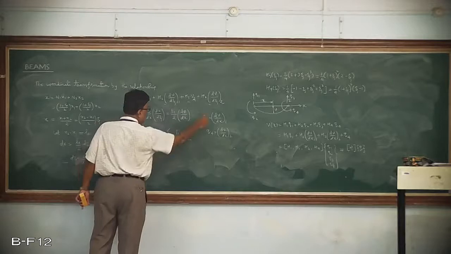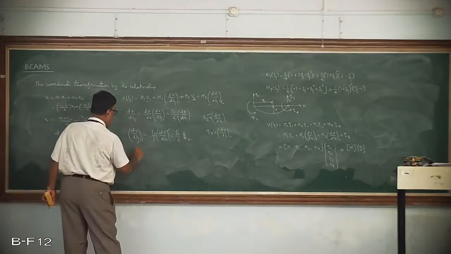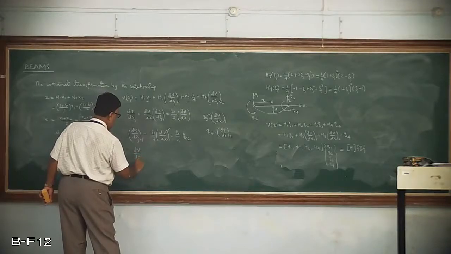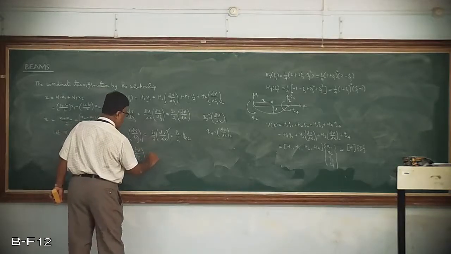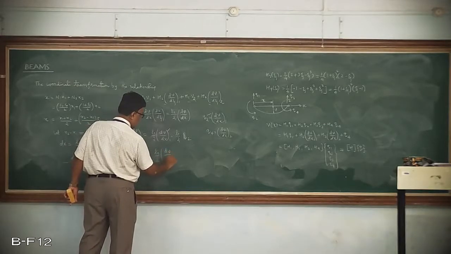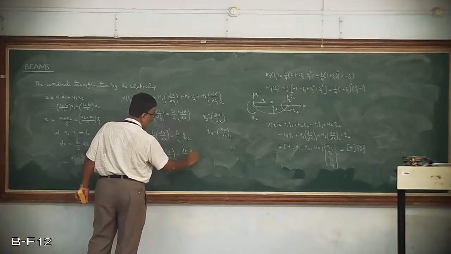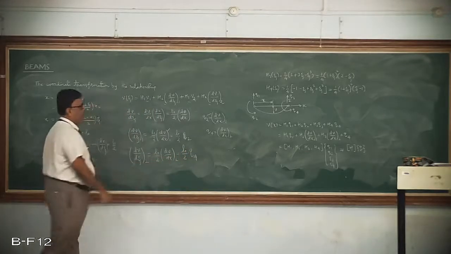Please remember, that is equal to this. Similarly, dV by d zeta at 2 is LE by 2 dV by dx at 2, which is LE by 2 into Q4. Exactly, this is going to be Q4.